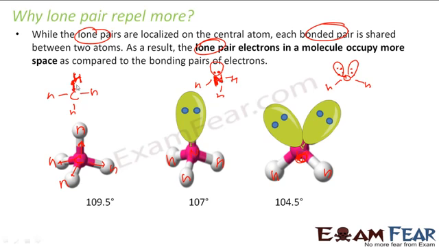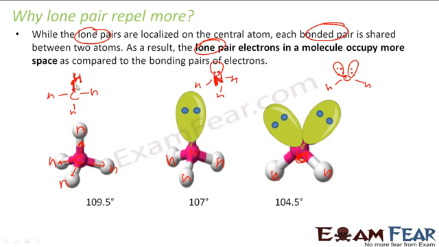Let's talk about sp3 hybridization. In this case, for example, I have methane, CH4, carbon with 4 hydrogens, and there is no lone pair on the carbon. So it's a normal shape, tetrahedral.